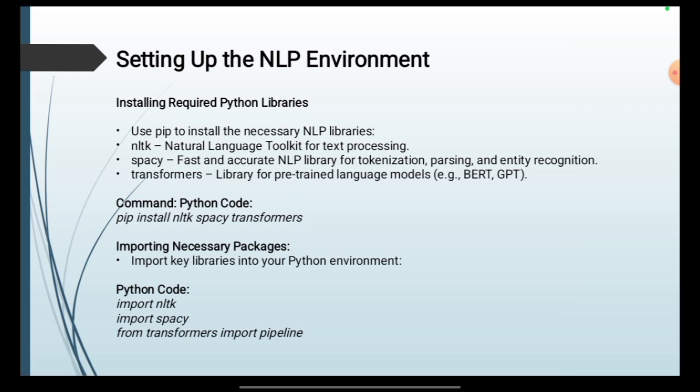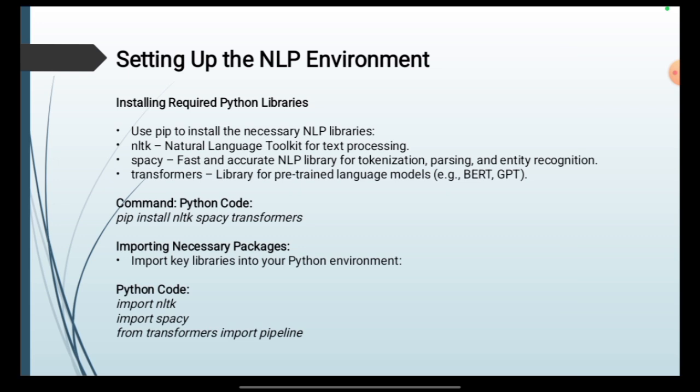Importing necessary packages. Import key libraries into your Python environment. Python code: import nltk, import spacy, from transformers import pipeline. So from this part, we can say that to set up an NLP environment, you'll have to install key Python libraries like NLTK, Spacy and Transformers using pip. NLTK, Natural Language Toolkit, is widely used for text processing tasks like tokenization, stemming and classification.